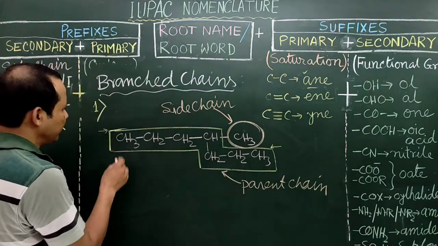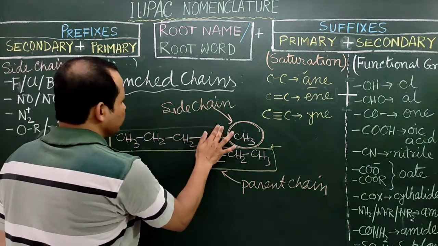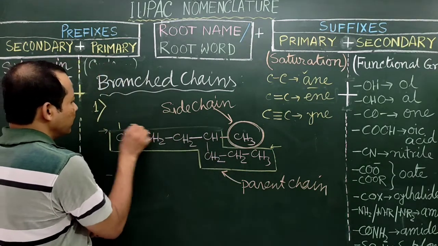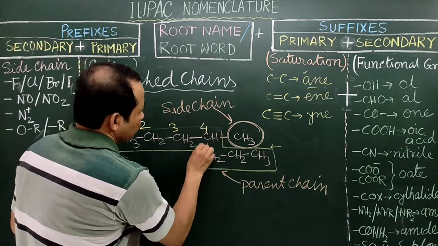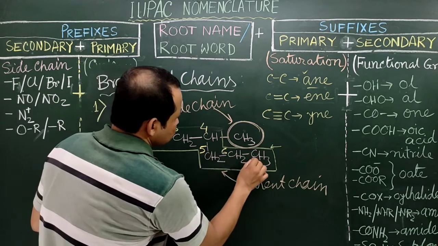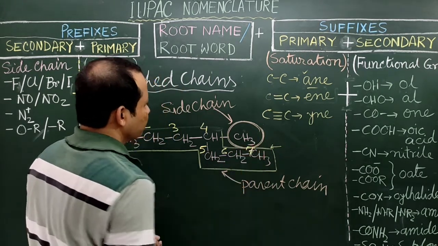If we proceed from left, then the carbon atoms may be numbered in this way: 1, 2, 3, 4, 5, 6, 7. So 7 carbon atoms are there.